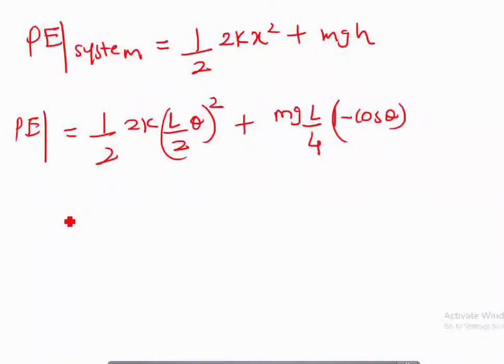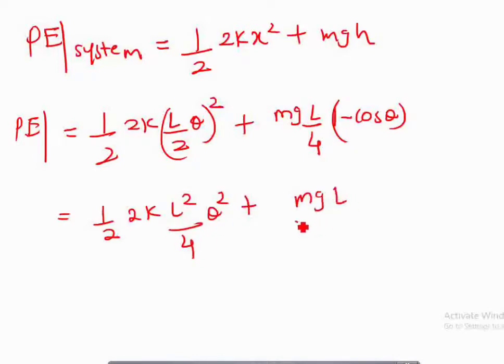Now this will become 1/2 into 2k L square upon 4 theta square plus mgL upon 4.